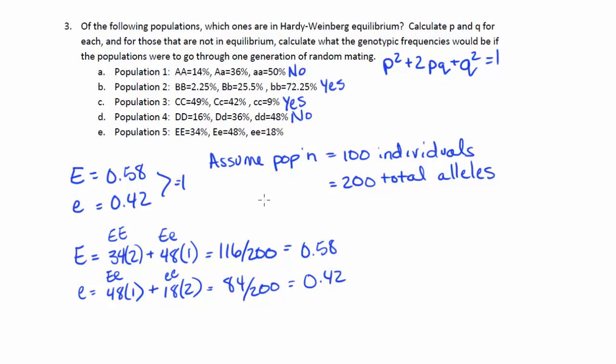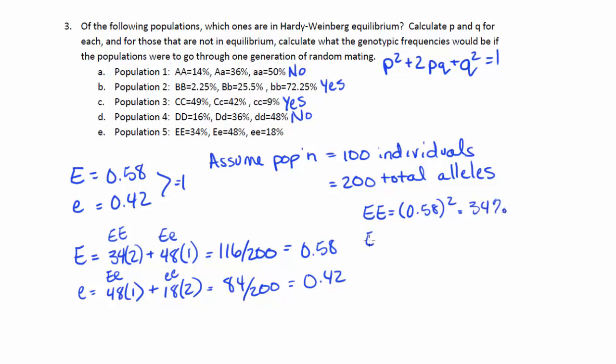If we want to solve for the frequency of big E that we should have, that would be squaring the frequency of that allele. So we've got 0.58 squared. So if we do that, I got 33.6%. I'm going to round that to 34%.